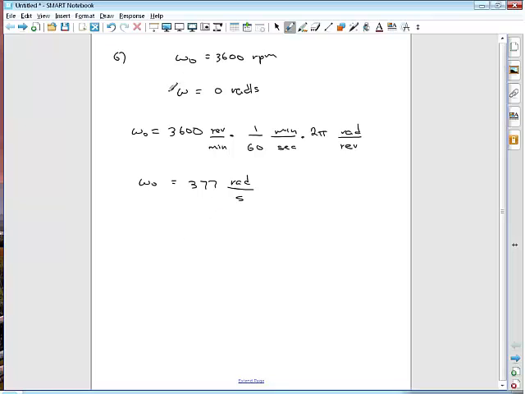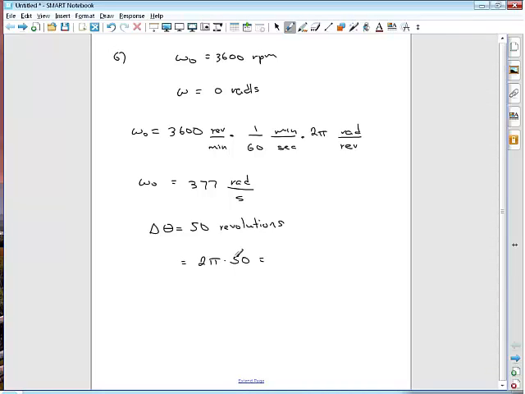Okay, so we have omega 0, we have omega, and let's see what else we have. Well, it says we go through 50 revolutions, so that is the angular displacement. Delta theta is equal to 50 revolutions. And again, we can convert that to radians, 2 pi radians per revolution.